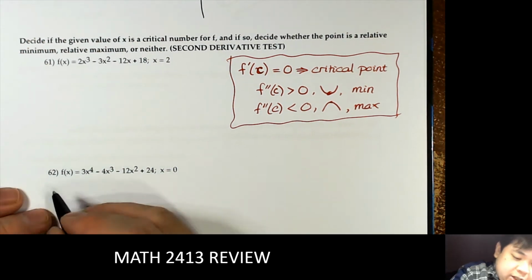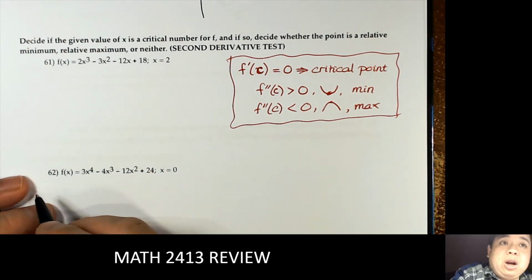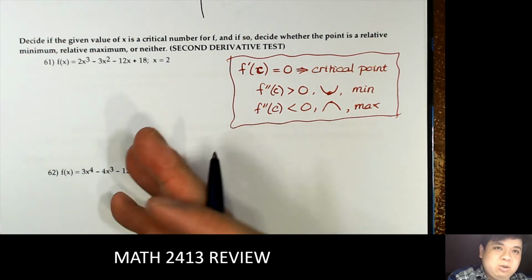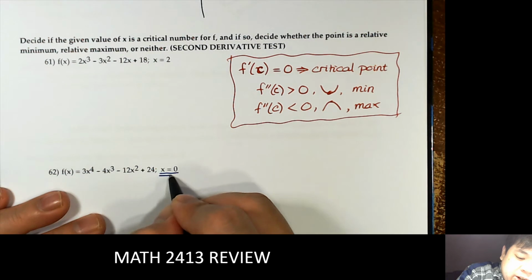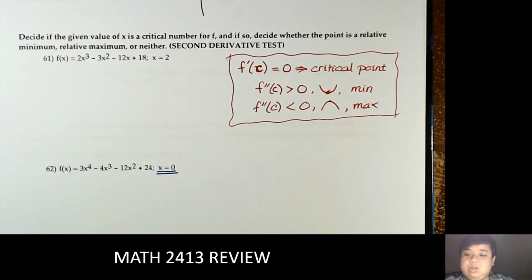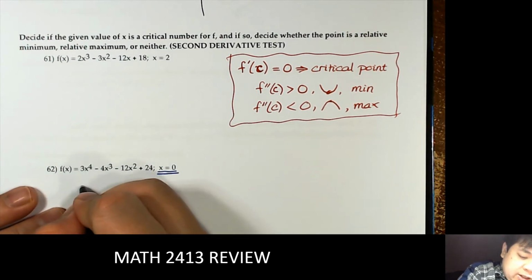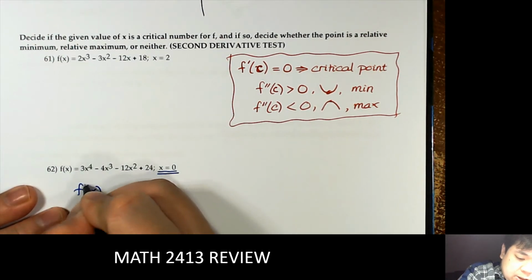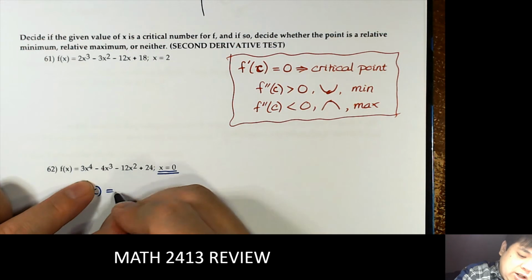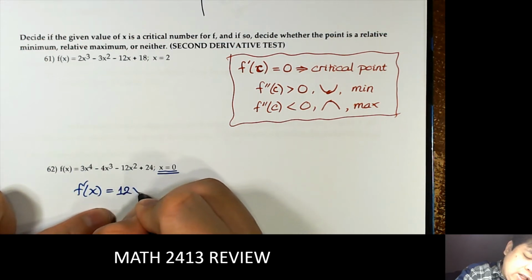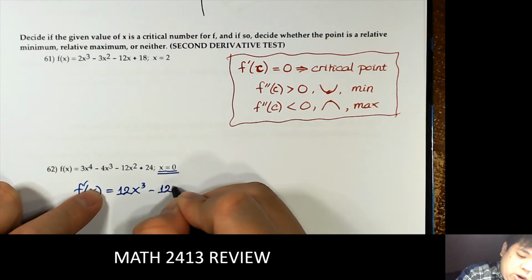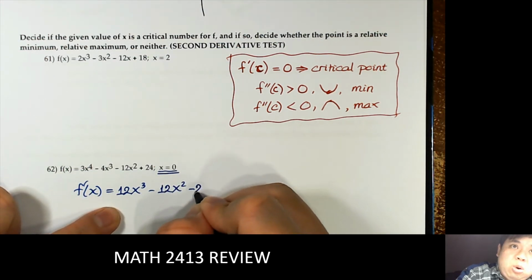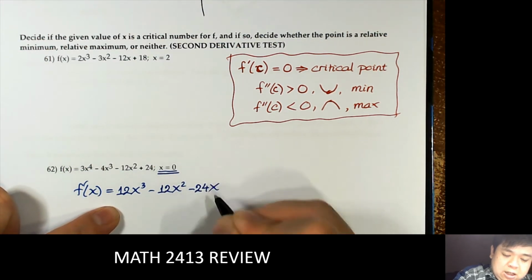Right. So here, remember, I don't need to find the first or second derivative or anything, because in this type of problem the point will be given. So we just need to test it. First, I'll take the derivative, which gives us 12x cubed minus 12x squared minus 24x.